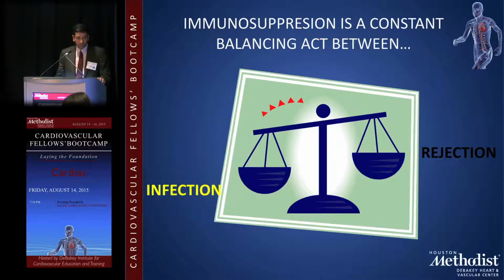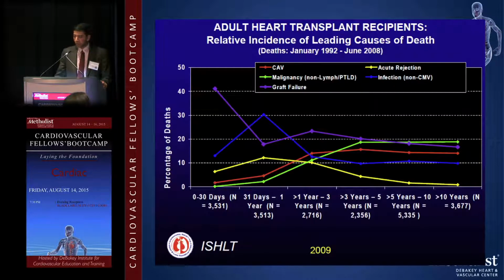So now switching gears and going into immunosuppression. Obviously all the transplant patients are on immunosuppression, and really it is a constant balancing act between infection and rejection. This is an important slide for you to look at to see that initially the rejection episodes are very, very common in the first year.